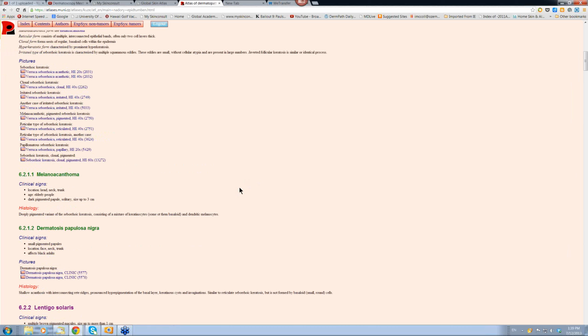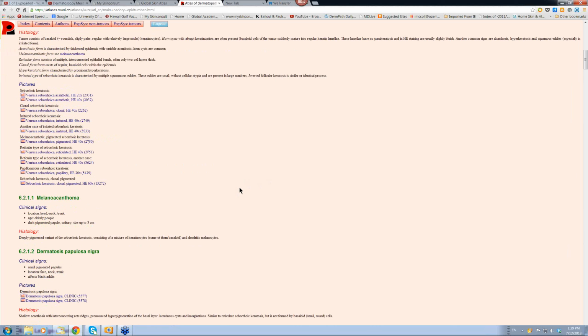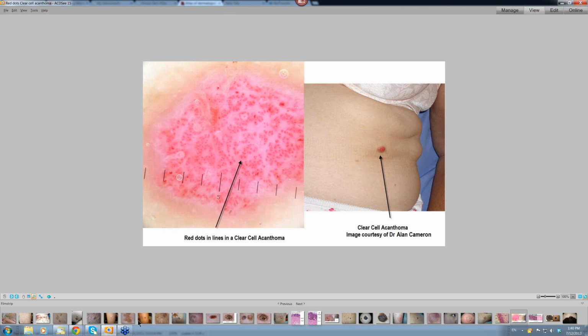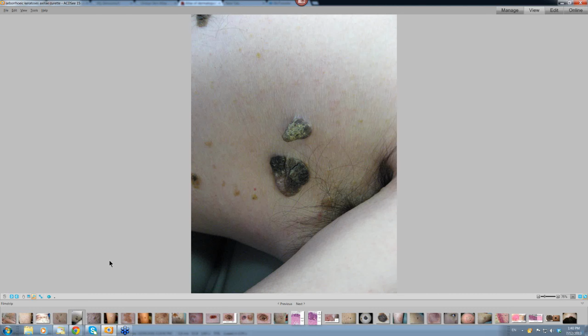Okay, well, I think those were most of the variants of seborrhoeic keratosis that I wanted to look at histologically and to chat to you about clinically. They're always interesting lesions, these. You'll be amazed just how much variation there actually is in them.